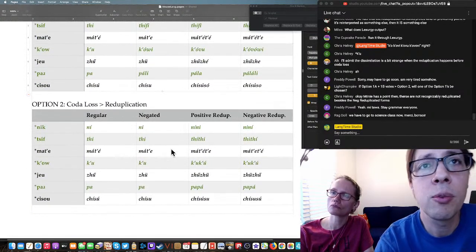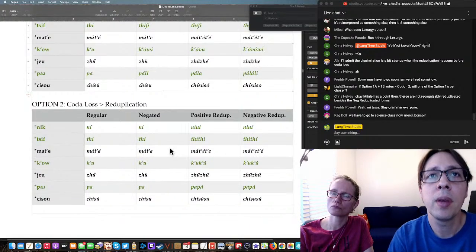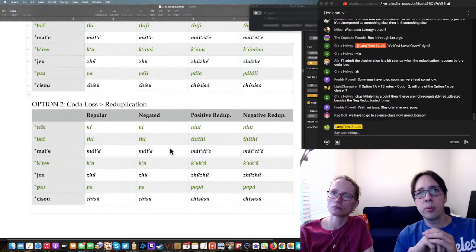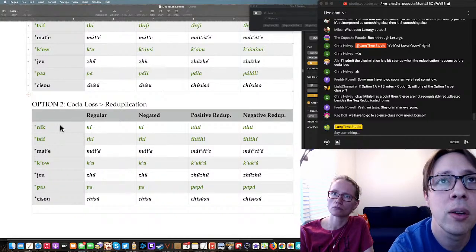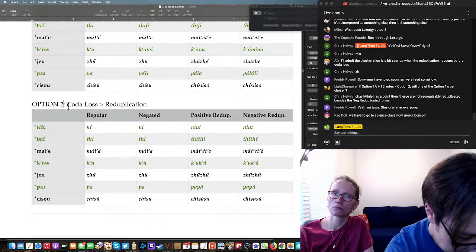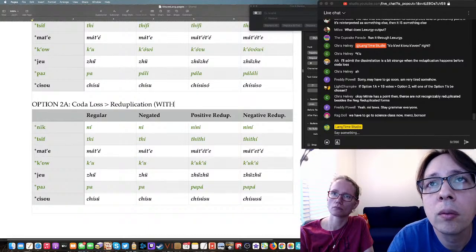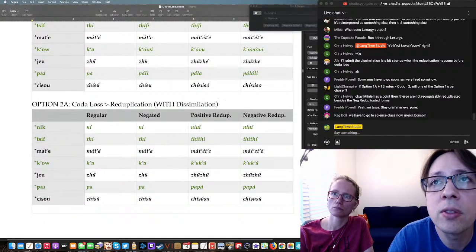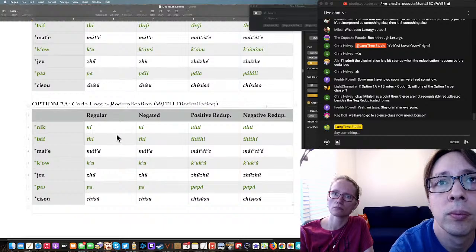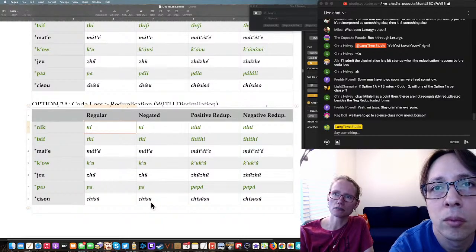So now let's go to option 2. In this one, the coda loss precedes the reduplication, so we absolutely can do with and without dissimilation. So let's fix this one first. This one shouldn't need to be fixed though, right? Because it has tone.